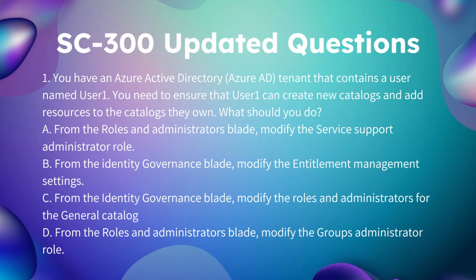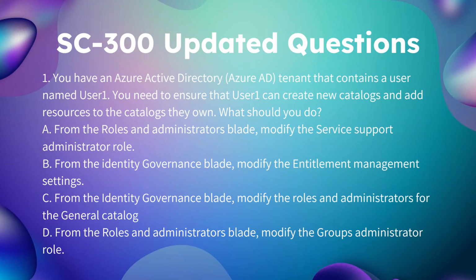1. You have an Azure Active Directory, Azure AD tenant that contains a user named User1. You need to ensure that User1 can create new catalogs and add resources to the catalogs they own. What should you do? A. From the Roles and Administrators blade, modify the Service Support Administrator role.